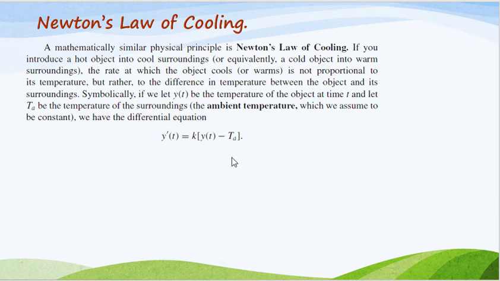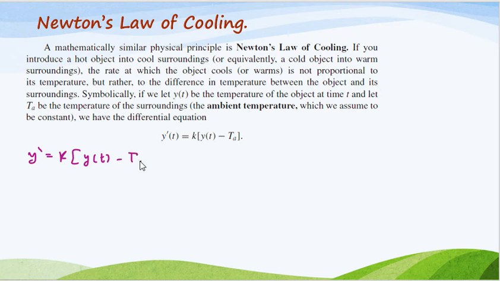This is a differential equation. Let me show you how to find the general solution for this equation. Here y prime is equal to k times y of t minus Ta, the ambient temperature.